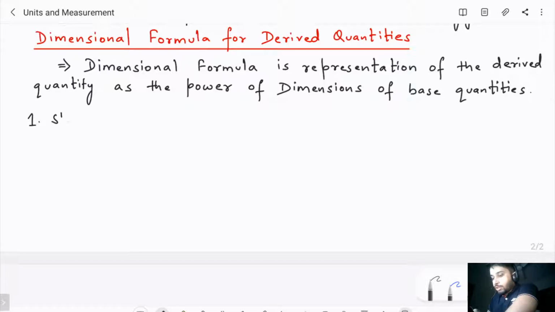Both speed and velocity have the same dimensional formula. If we see the formula for speed, the formula for speed is distance by time.